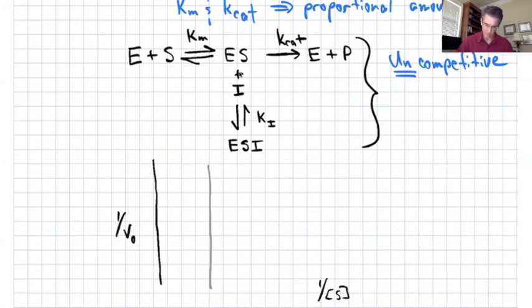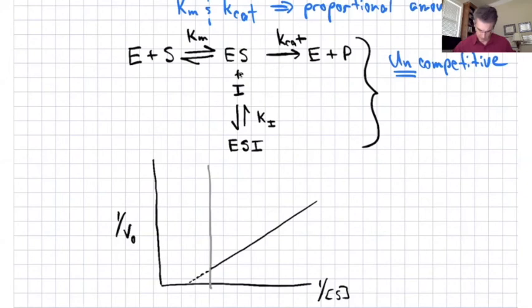Oh, shoot. Having trouble now. Okay, right. With an uncompetitive inhibitor, what's going to happen is you get a family of parallel curves, right?